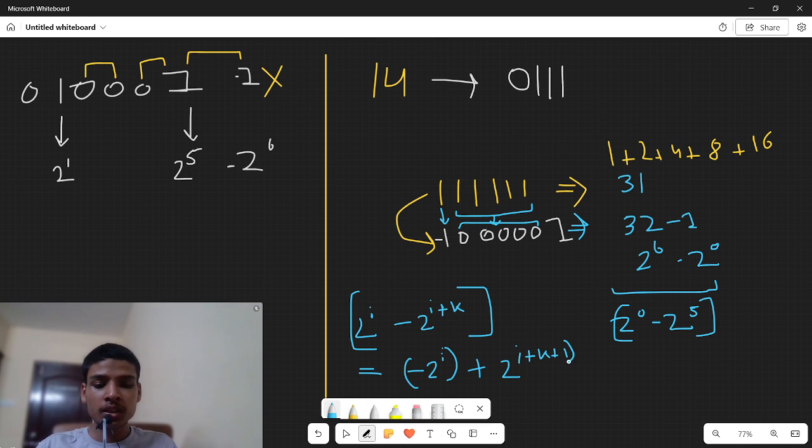So this is the main equation you have to keep in mind. I will add a summation here: summation from 2 to the power i till 2 to the power i plus k is equal to minus 2 to the power i plus 2 to the power i plus k plus 1.